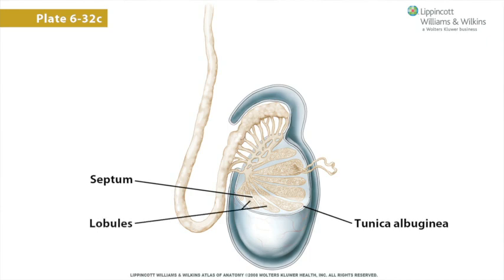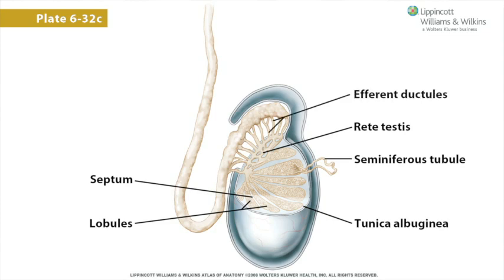The lobules contain Leydig cells, which produce androgens, and tightly coiled seminiferous tubules that produce and transport sperm cells. The seminiferous tubules end in a network of anastomosing channels called the rete testis, from which extend about a dozen efferent ductules. The efferent ductules carry sperm from the testis to the head of the epididymis, where sperm are stored.